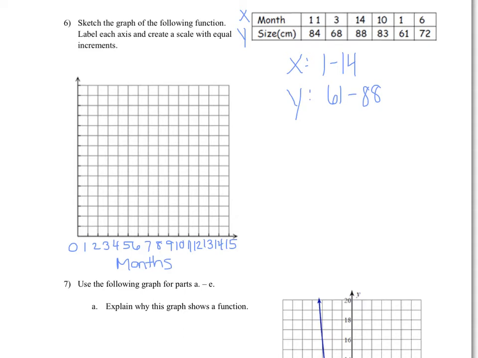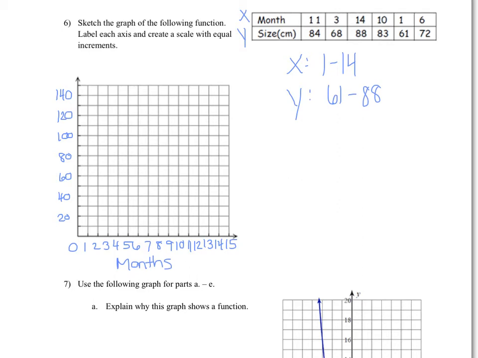I don't recommend going by weird numbers like 6 or 7 because your counting gets off and it's hard to predict where the point is. So we can go by tens. For spacing issues, I'm going to skip every other one. So 0, 10, 20, 30, 40, 50, 60, 70, 80, 90, 100, 110, 120, 130, 140, 150.